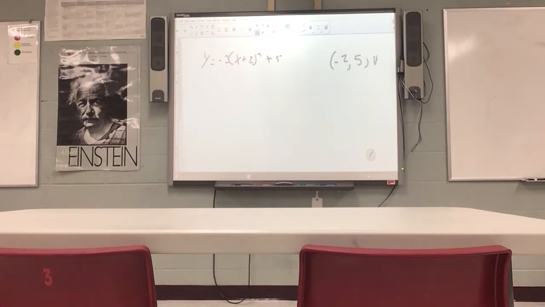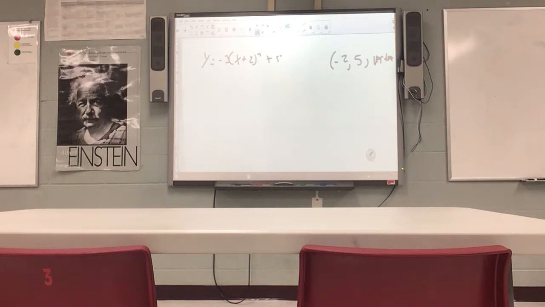So there's the vertex. That was just nice and handy in vertex form. Okay, so let's see what we can eliminate now: C, B, and D. So we don't even have to do anything else to find the y-intercept.